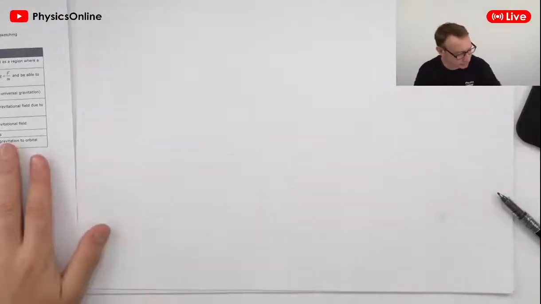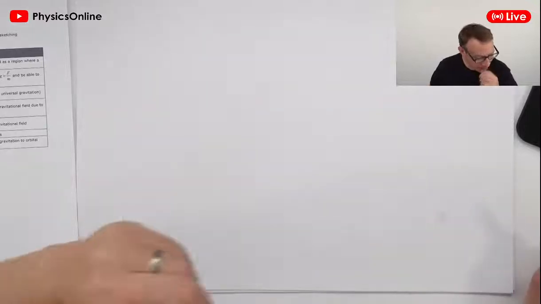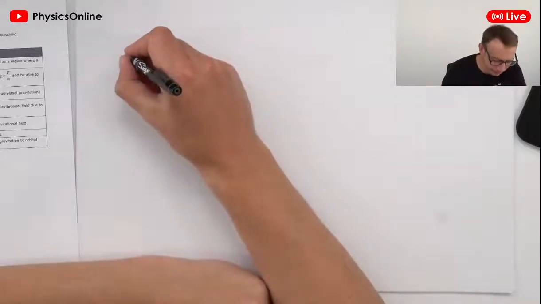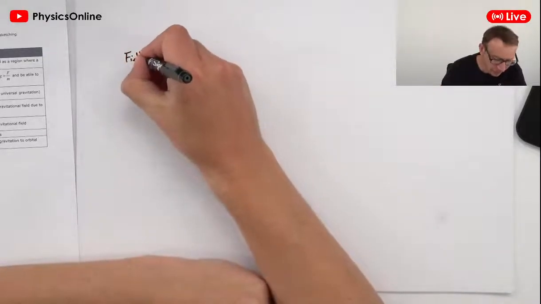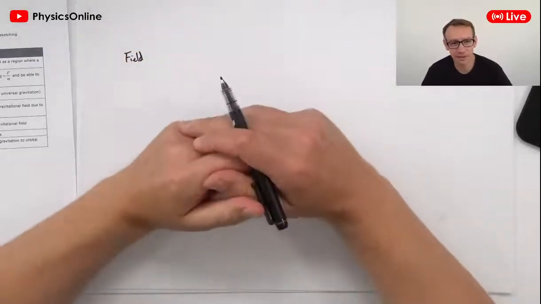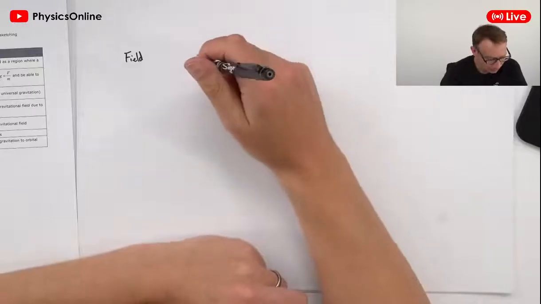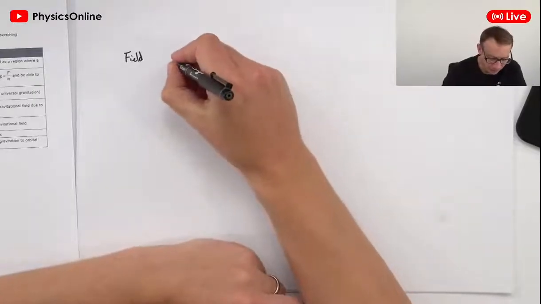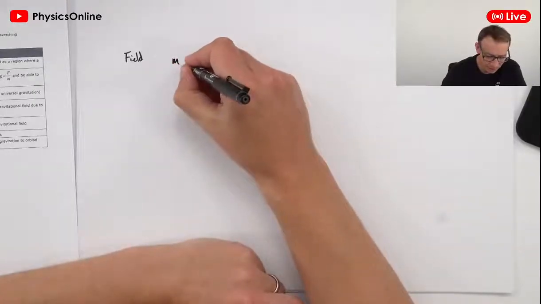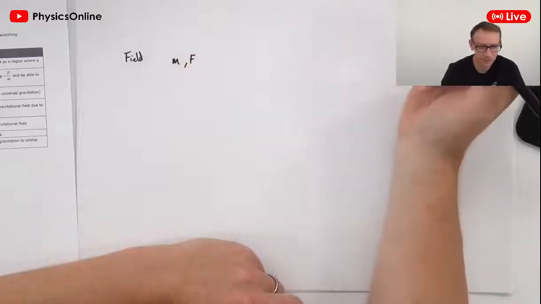Right. Gravitational fields. Basically, a field is just a region where an object experiences a force. Now, for a gravitational field, it's something where a mass experiences a force.